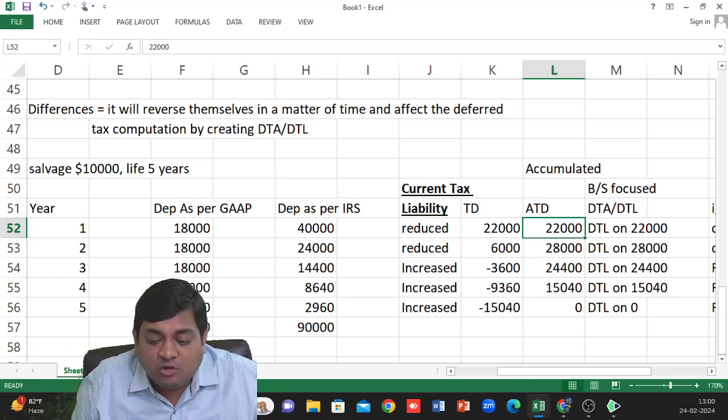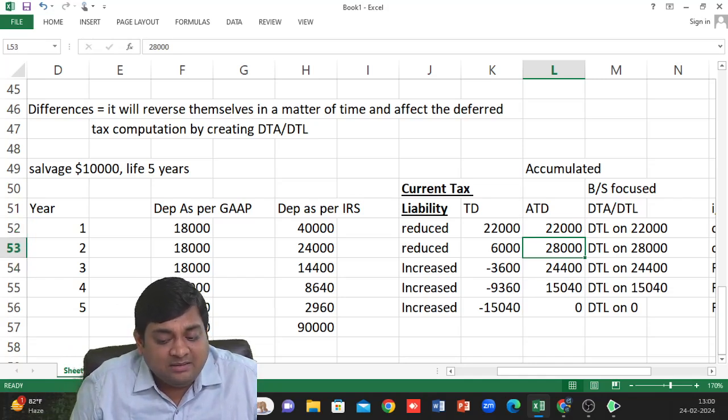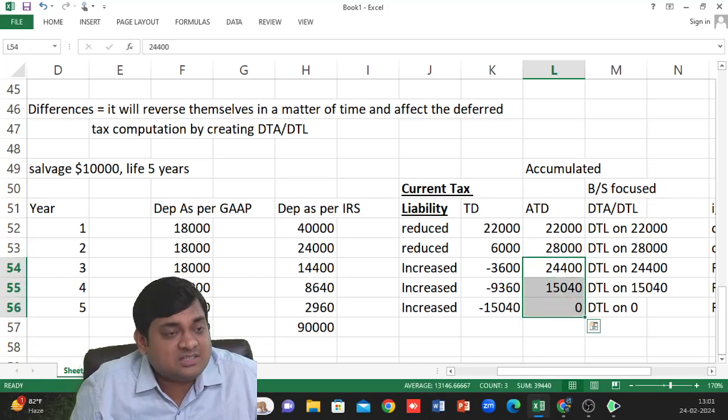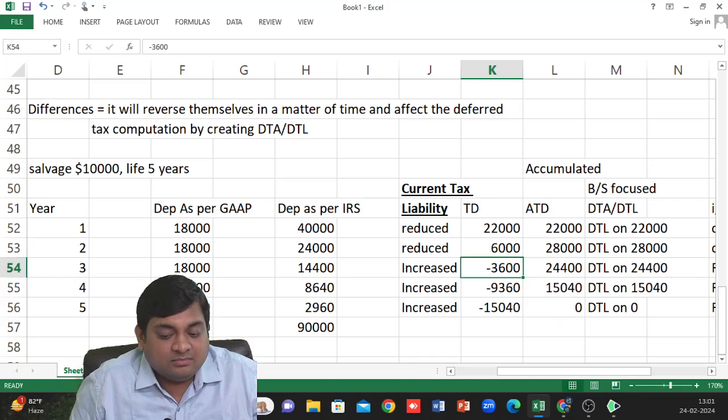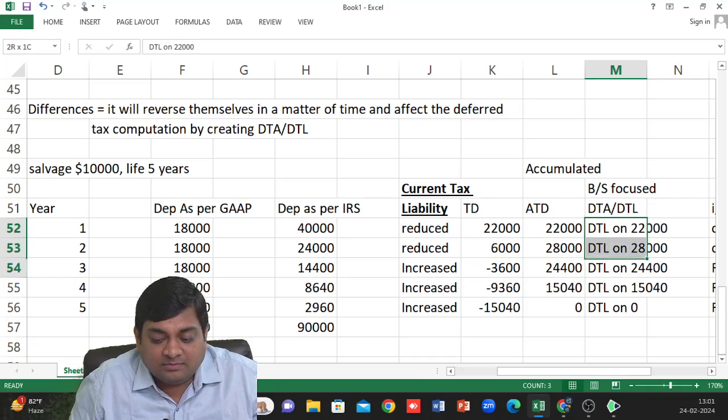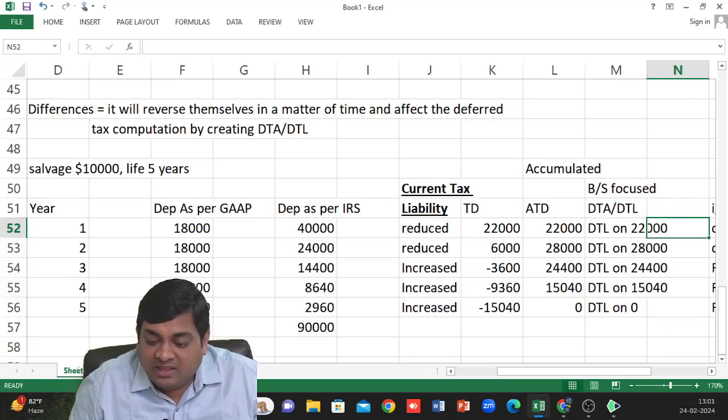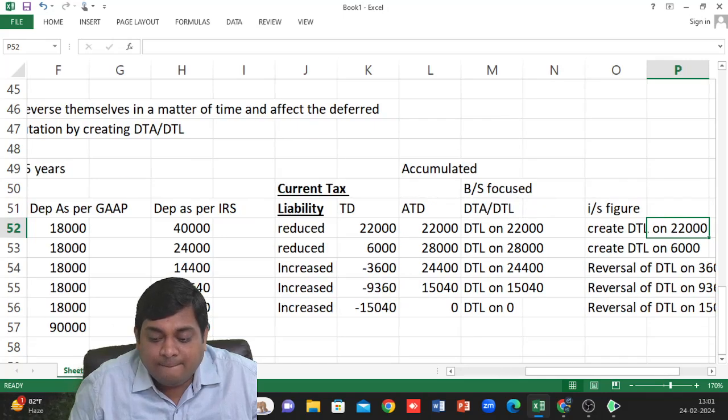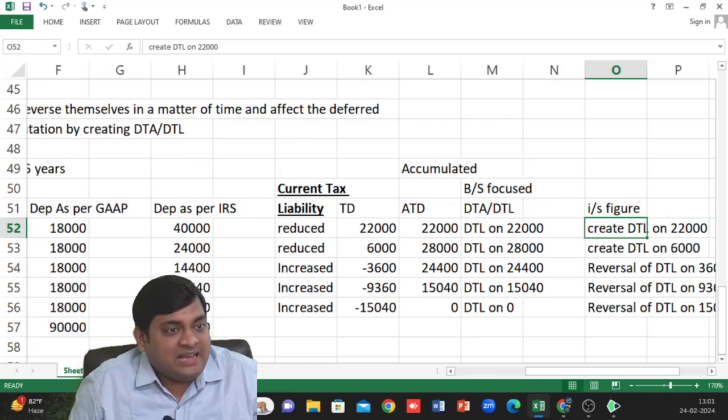So this is your accumulated TD. So first year it is increasing and then it is reversal of timing difference. See, negative. So we got balance sheet figure. Difference is income statement figure, provided tax rate is same. We can do it like this.